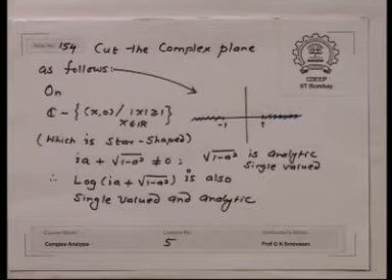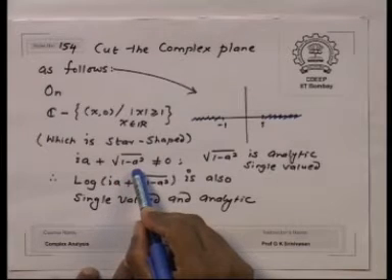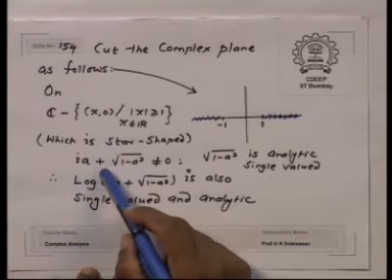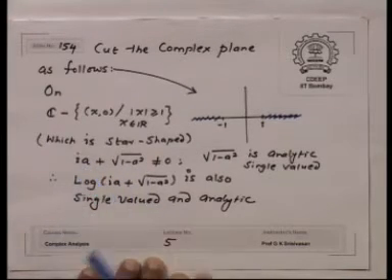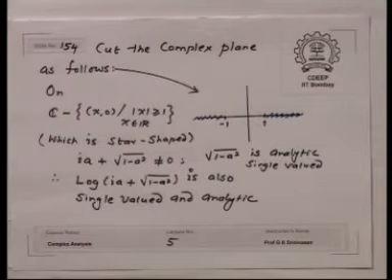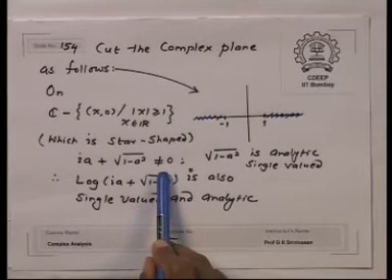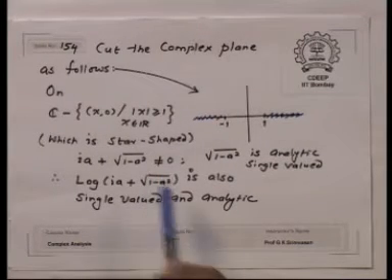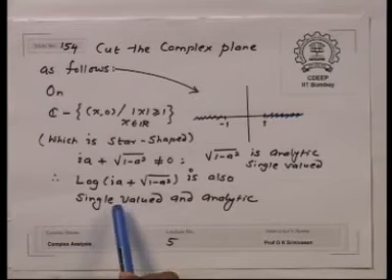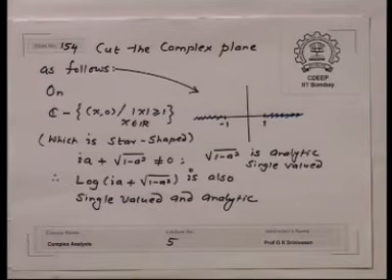So root of 1 minus a squared is single valued analytic because the domain is star shaped. Then I add ia, and ia plus root of 1 minus a squared is single valued analytic, and that again is not 0. So log of that is single valued analytic.